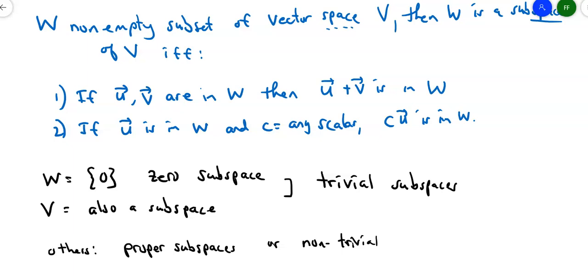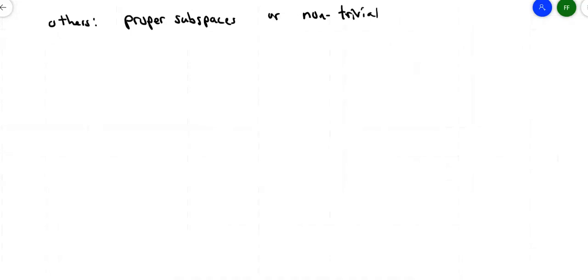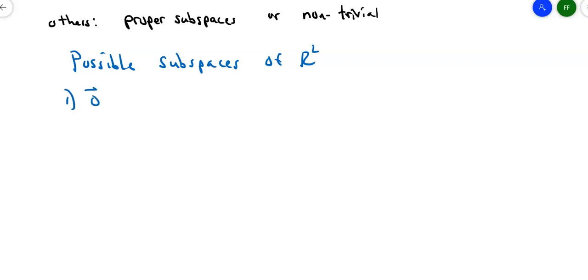So let's look at all the possible subspaces of R2. One of them is the trivial subspace, the zero vector.